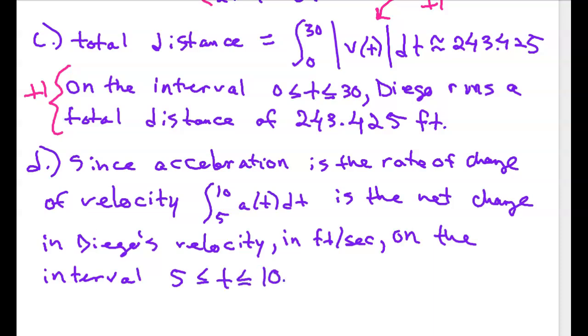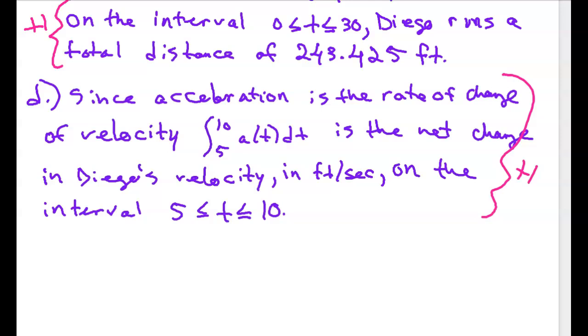And AP did need to see that time interval to earn that 1 point. So I've got units, I've got that given time interval from 5 to 10, and I referenced the going backwards to the velocity, accumulated velocity.